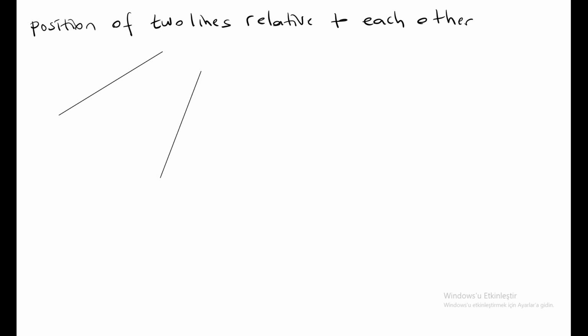Because these lines we have, let's say this L1, this L2. So we have direction vector D1, and this one also we have D2. Also we have two points, one, let's say P1, and the other one is P2.